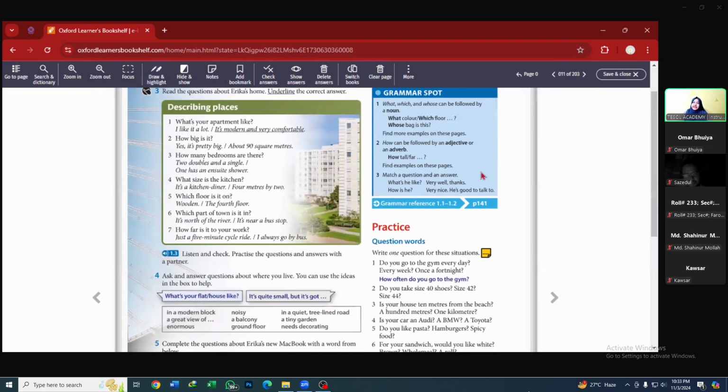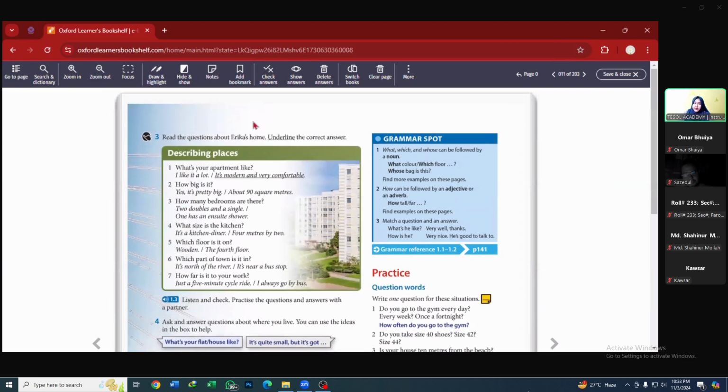Before that, we can see here there's a grammar spot given. This is a box where we have some grammatical information given in great detail. But now that you don't have the book with you at the moment, we will not be going into this because we have to move to another page, page 144.